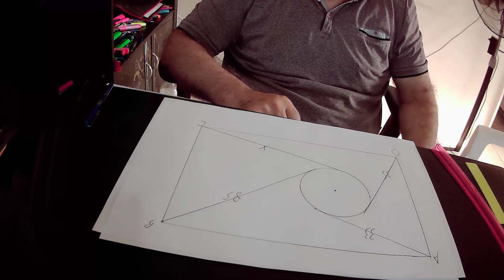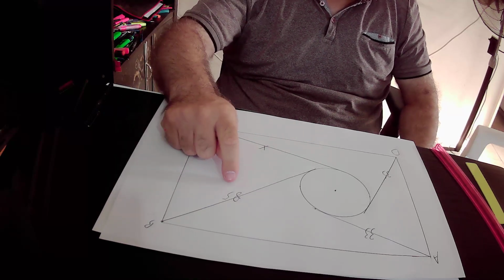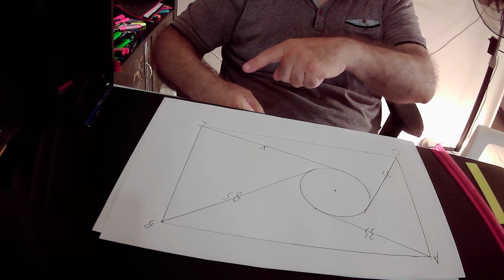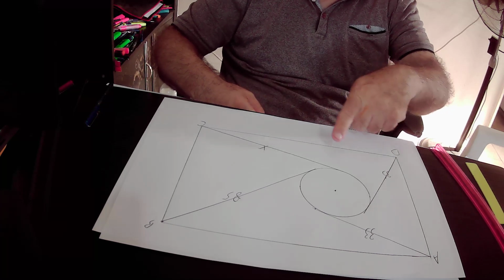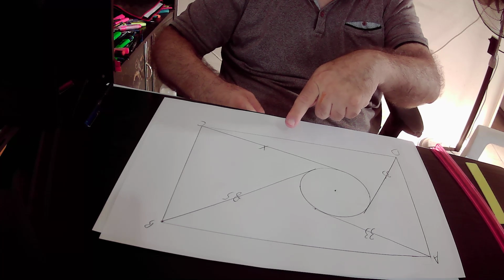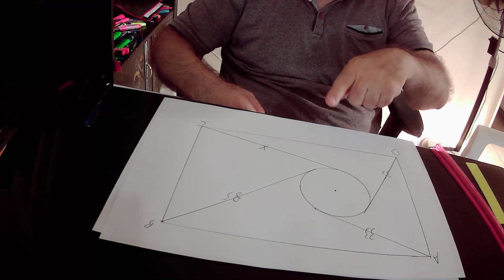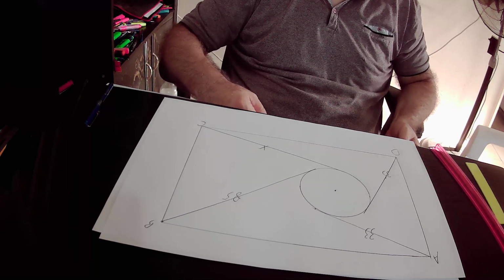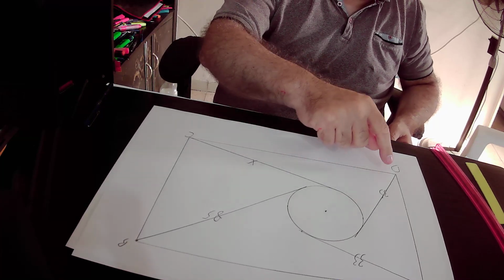The length of the tangent from point B to this circle is 85 units, and we are looking for the length of the tangent from point C to this circle, which is unknown, so it is equal to x. We are looking for the value of x. And finally, we also know that the tangent from point D to this circle is 35 units.